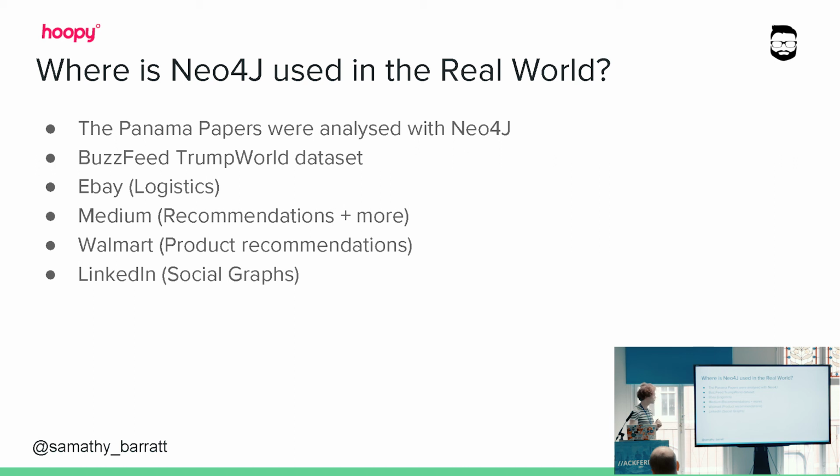Medium and Walmart do very similar things to eBay. They recommend products and articles in the case of Medium by doing the same thing. This person read these things, that person read the other things. How are they connected? What things might people be interested in the future?